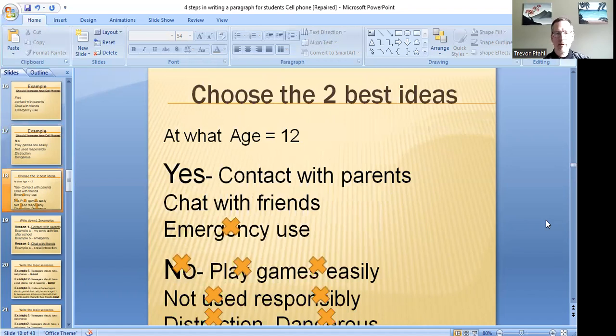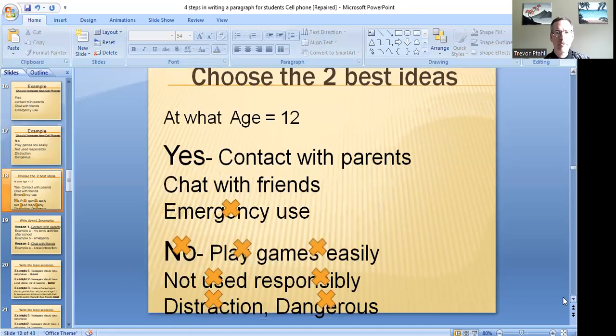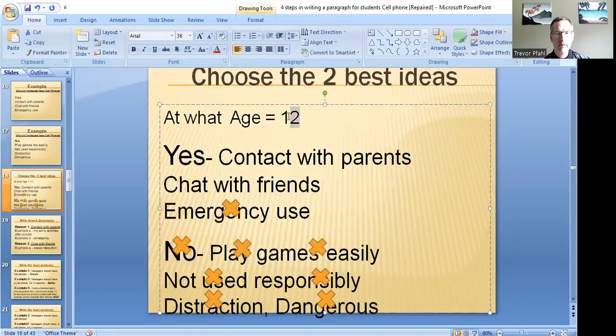The next step is to decide what I am going to write about. I think it's easiest for me to think of specific examples at age 12. I'm going to write a paragraph that says yes, it's okay for teens to have cell phones.